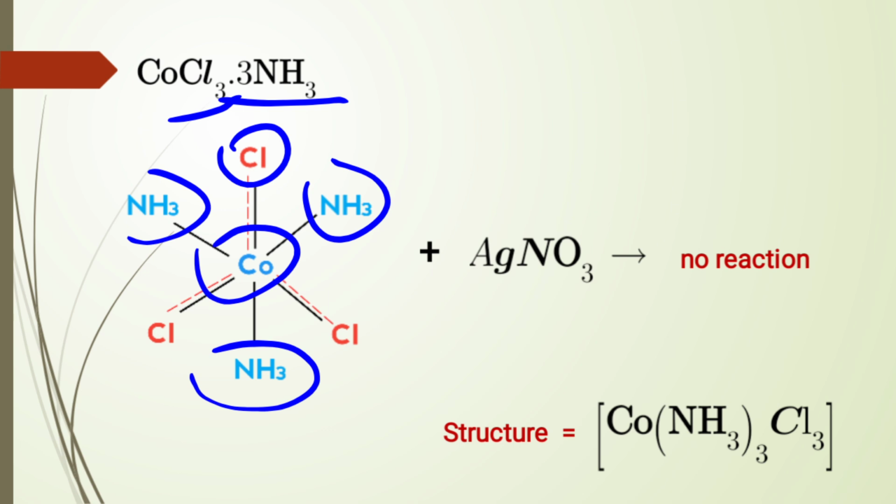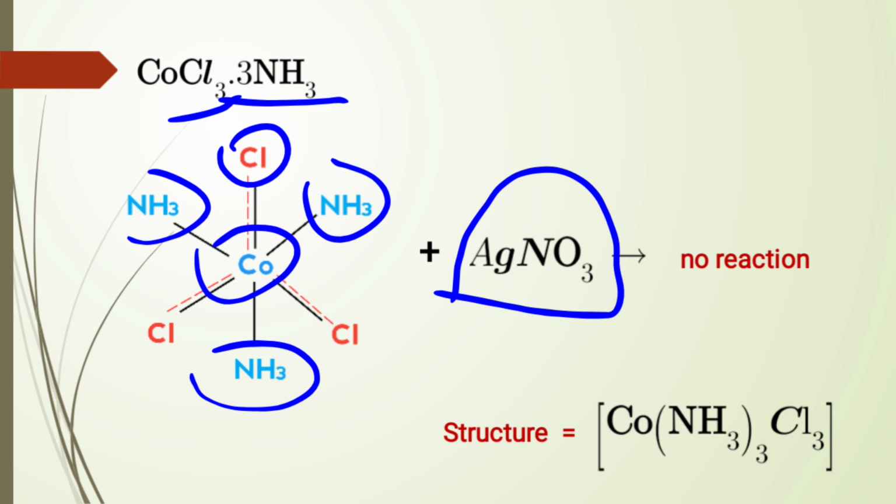So in such a situation, once this compound is reacted with silver nitrate, there will be no reaction because there is no chlorine or any other element that is outside the coordination sphere. So they cannot go into aqueous solution and participate in chemical reaction. So therefore there will be no reaction.